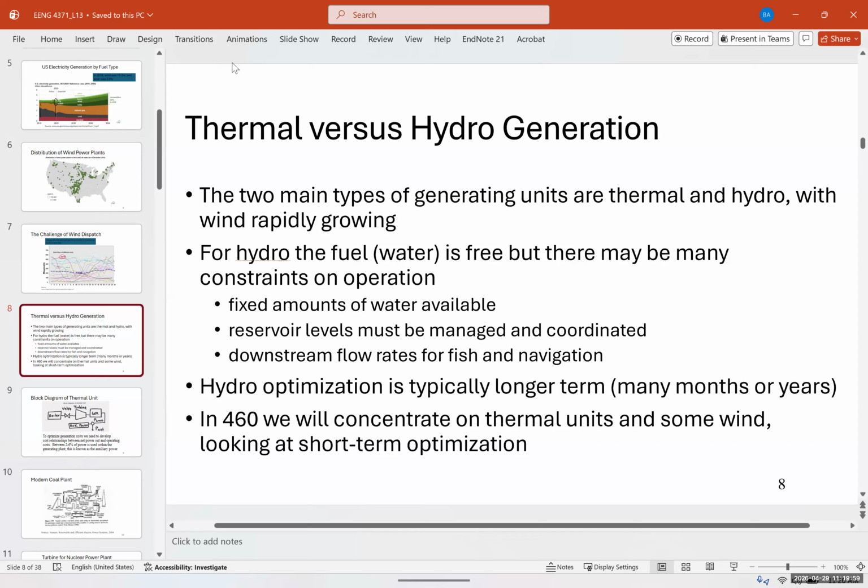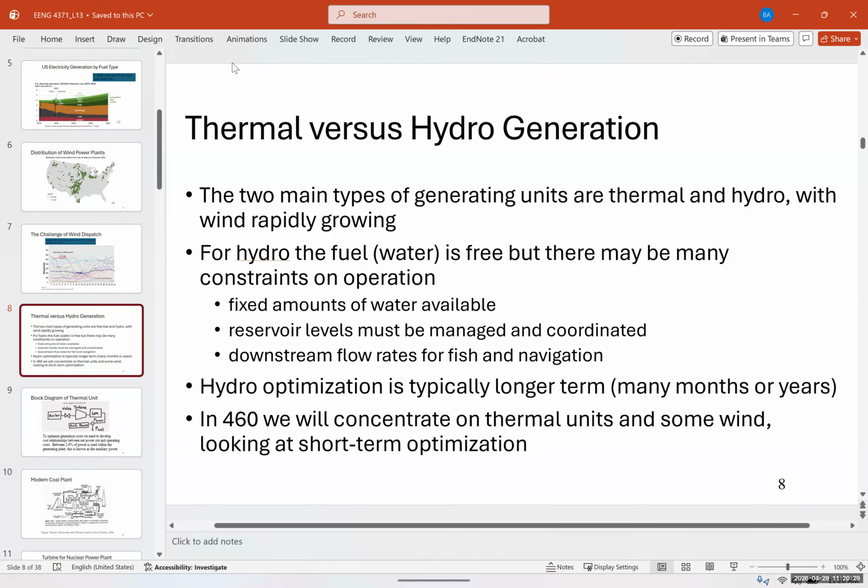Now, the two dominant types of large-scale generation are thermal versus hydro generation. Historically, the most dominant one has been thermal units, which burn fuel to produce heat, which drives turbines, and hydro units are also used.